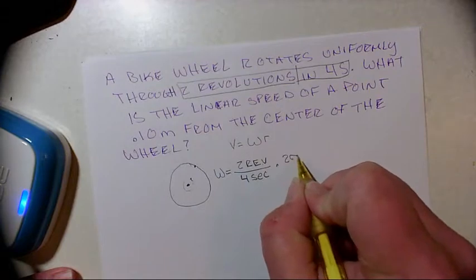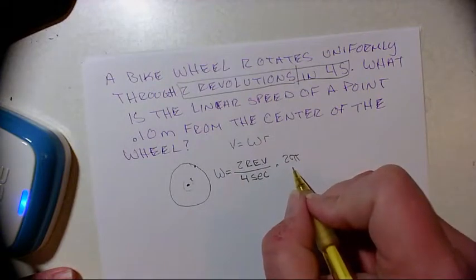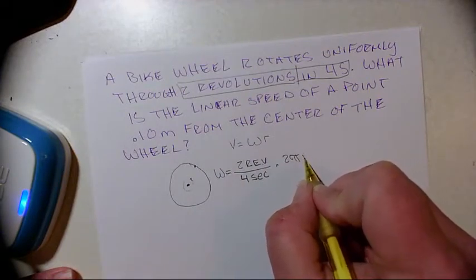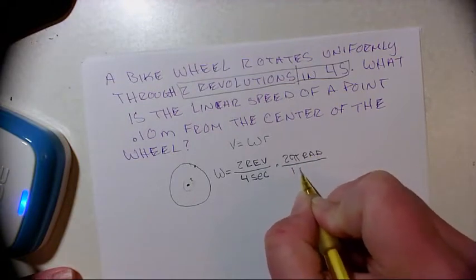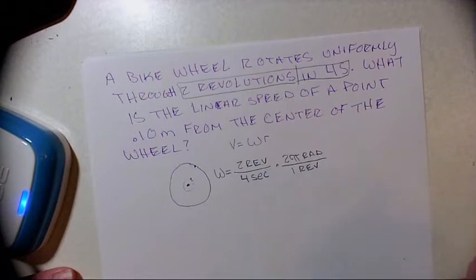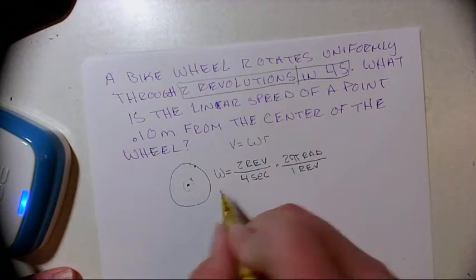So I have my 2 pi radians per 1 revolution. Cool. So now let's simplify this.